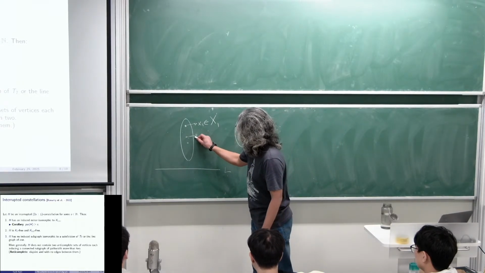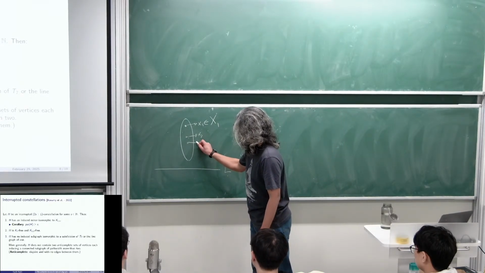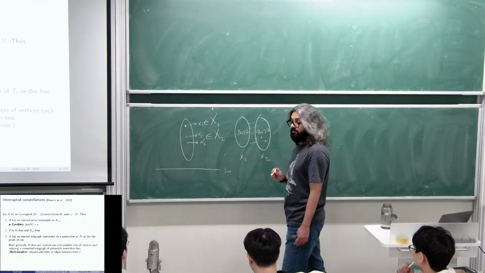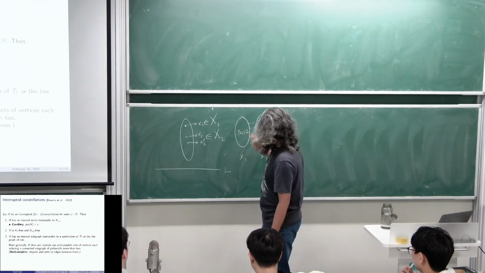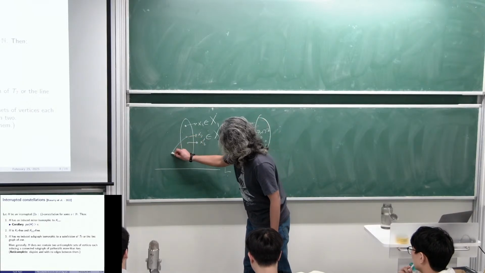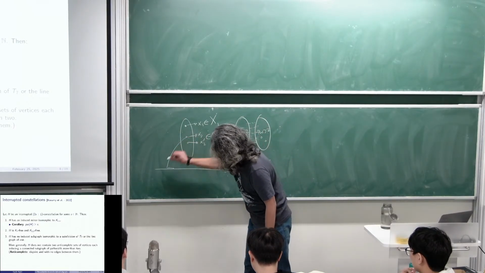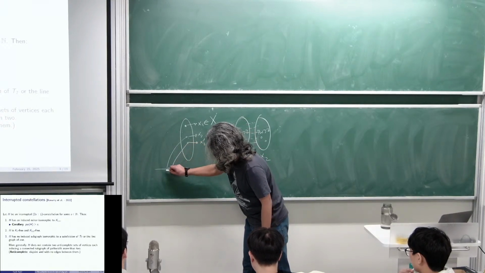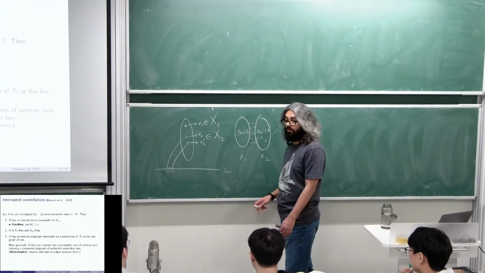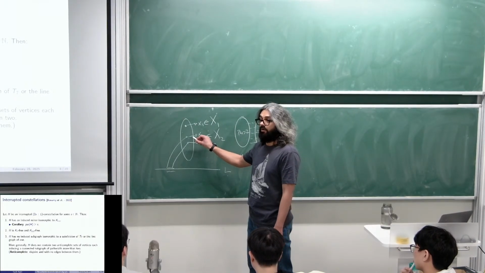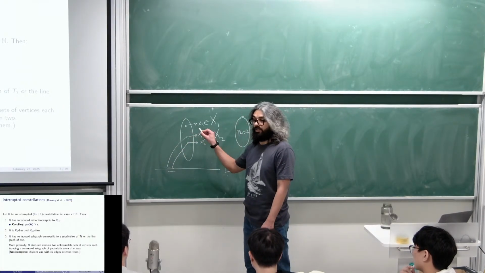So let's call them x2 and x2 prime, and they both belong to the induced subgraph x2. Because this is connected, there is an induced path between these, and because these two were chosen to be as close to each other as possible, the rest of the path is completely contained in L. If it's going to go back up somewhere else in the stable set, I'm going to just choose that path. That's shorter.